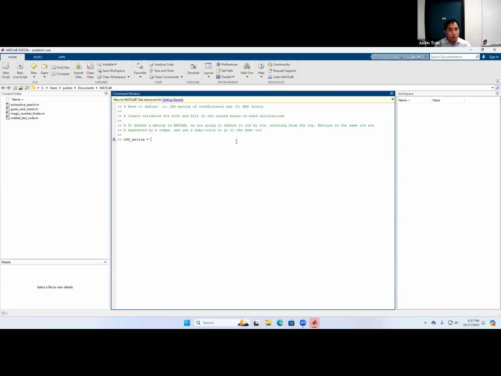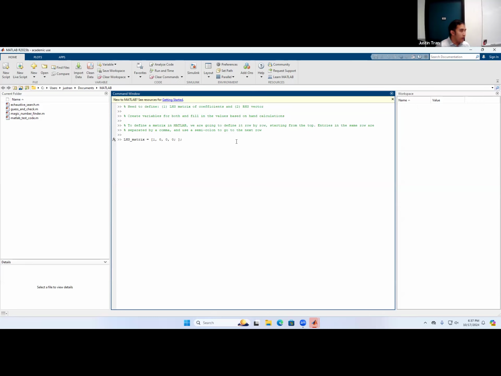And I'm going to define it row by row, starting from the top, okay? So to start a matrix, you need to use square brackets, and so I'm going to make an open and closed square brackets just like that, okay? And I'm going to define the matrix row by row according to those specifications there, okay? So our first row in the matrix from the top is our constraint row, and so that is a 1, 0, 0, 0, okay?